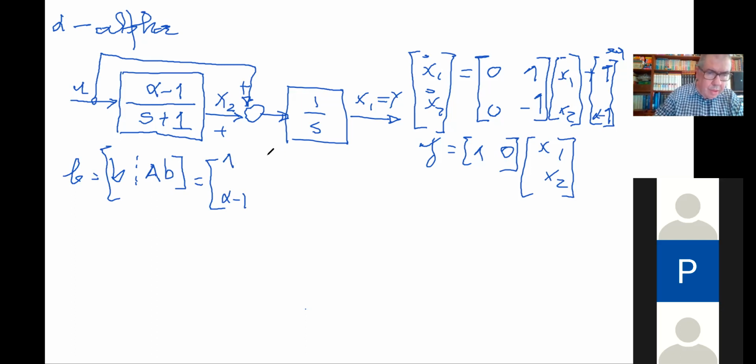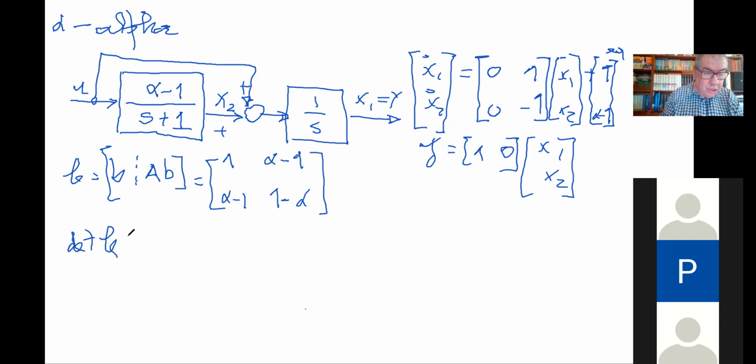Alpha minus 1, 1 minus alpha. Now, one question is, for what values of alpha is this controllable? What can we do? The rank should be 2, no? Because this is a 2 by 2 system, or the determinant of C should be different from 0.